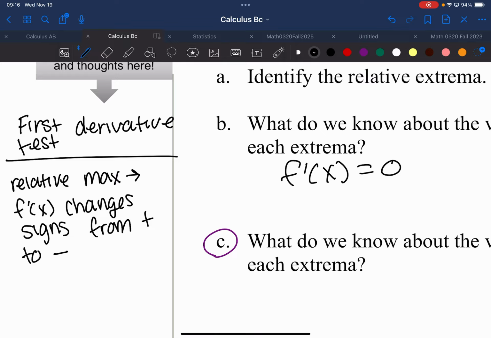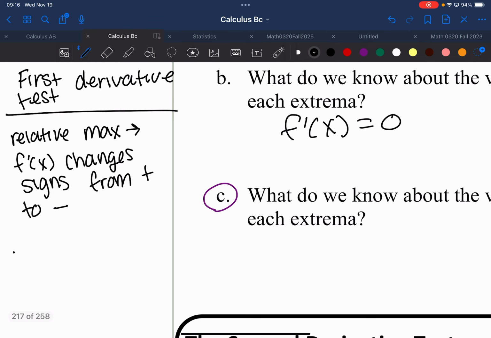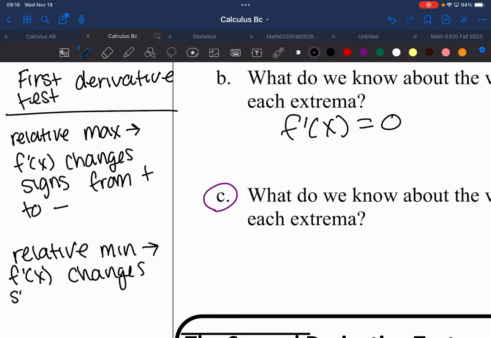For the relative minimum, we know that the derivative changes signs from negative to positive, the opposite. Okay.